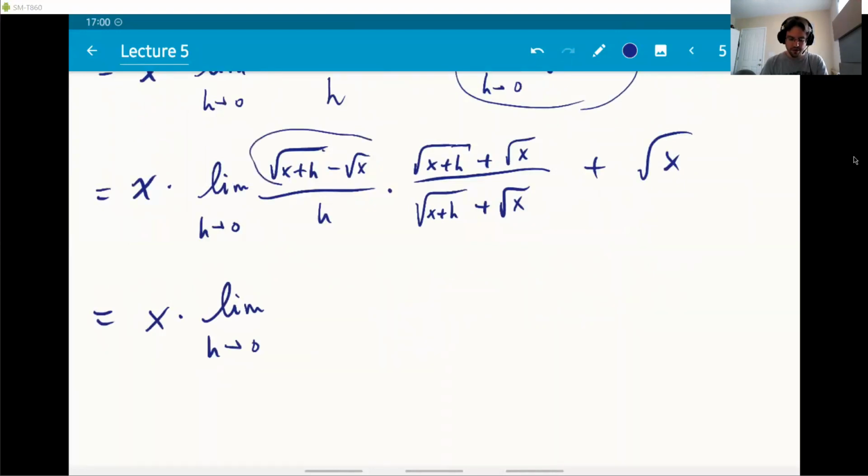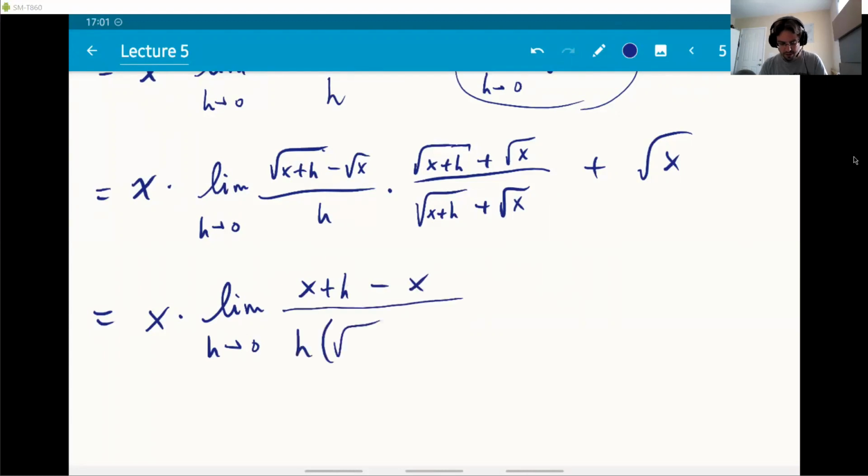You have here root minus root times root plus root. This is simply going to become the square of the first root, which is x plus h, minus the square of the second root, which is x. Meanwhile, downstairs, you just copy down what the multiplication is.